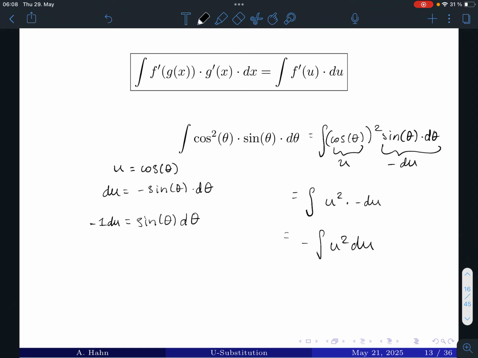And so when we evaluate this, the antiderivative of u squared is just u cubed over 3. So this is going to be negative u cubed over 3 plus c. And then now we just substitute in our u. Let's maybe rewrite this over here.